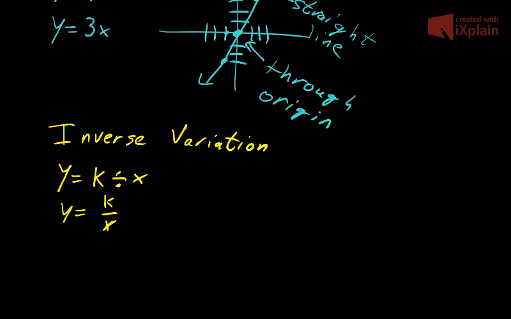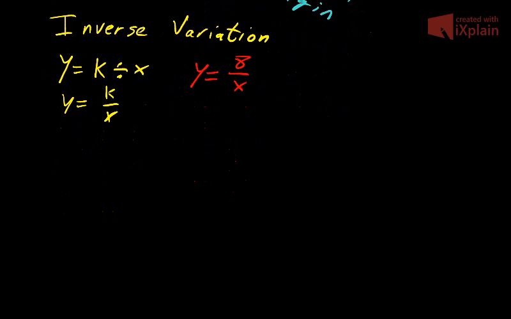I think the easiest way to figure out what this looks like is to just make one up and jump right in. So I'm going to use 8 for k, and we're going to say y equals 8 divided by x. And because again we have y equals something divided by x, that is going to be an inverse variation.